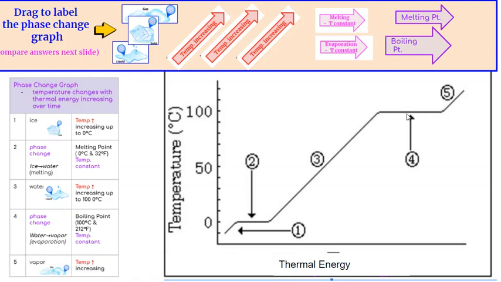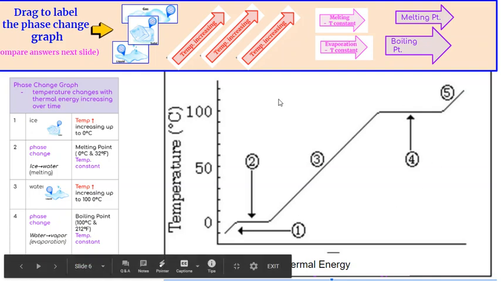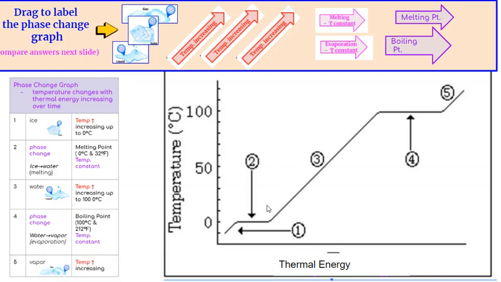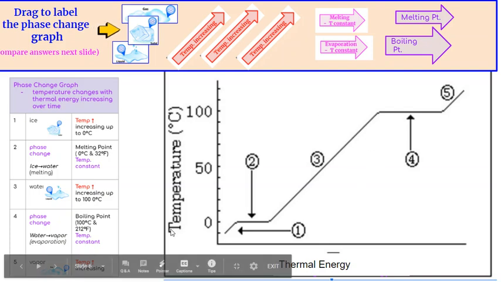What phase change is happening here? And what state of matter is here? You will see this graph again on the quiz. So you need to make sure that you're understanding this. Use your notes, this is almost completely directly from your notes, but a review to make sure that you're understanding this.